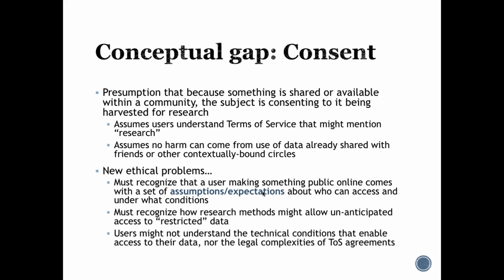Again, just because a person puts information onto a dating website doesn't mean that they're necessarily consenting for that information to be used in some other way by a researcher or by someone in a different kind of context or a different kind of setting. So we do need to rethink what we mean by consent when we start thinking about this kind of data-rich research environments.